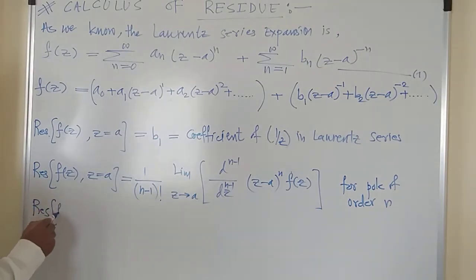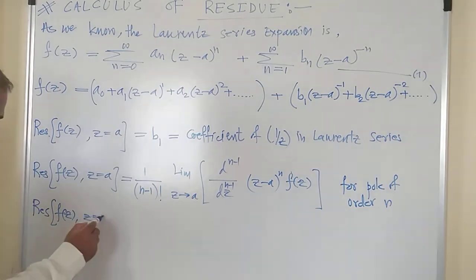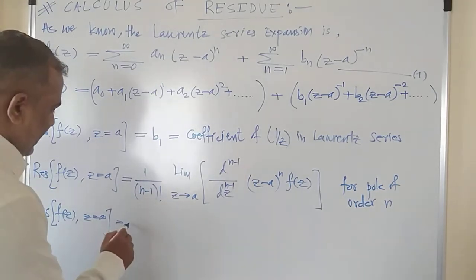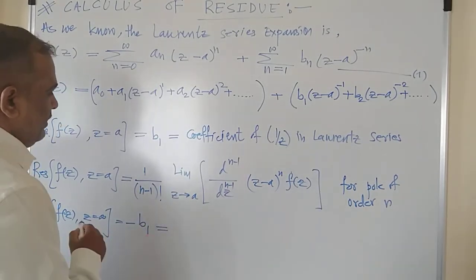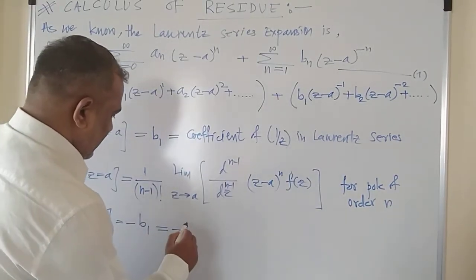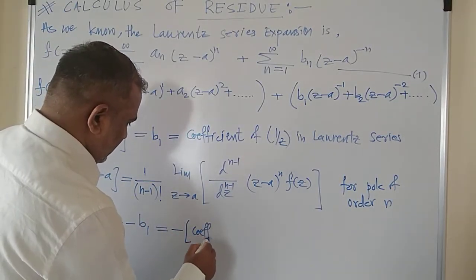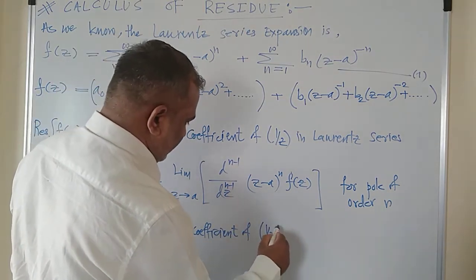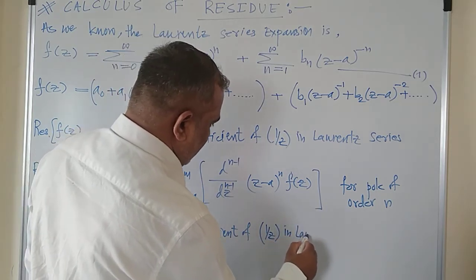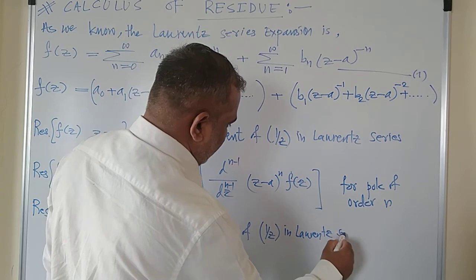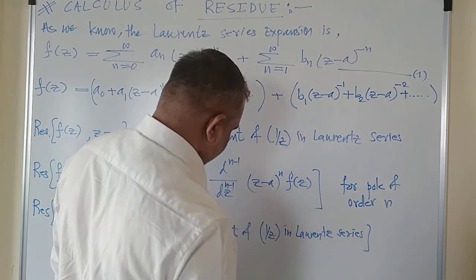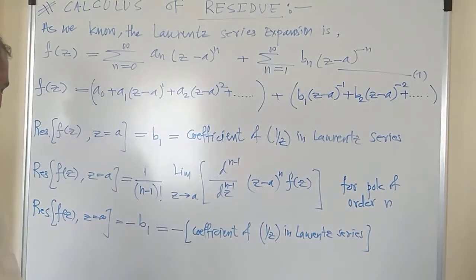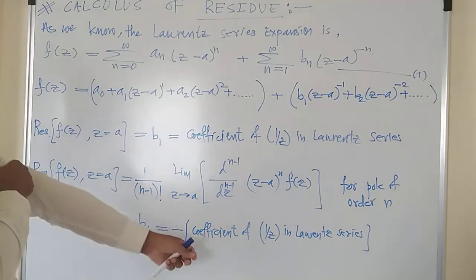The residue of the given function f of z at z is equal to infinity is equal to minus 1 times b1, which is minus 1 times the coefficient of 1 by z in the Laurent series. So this is the formula to calculate the residue of the function at infinity.